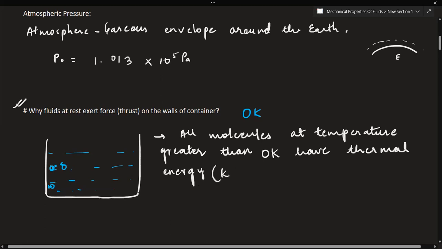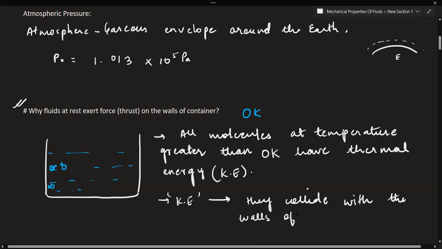Or you can also say kinetic energy. So because of this kinetic energy only, they collide with the walls of the container. Start noting this down.